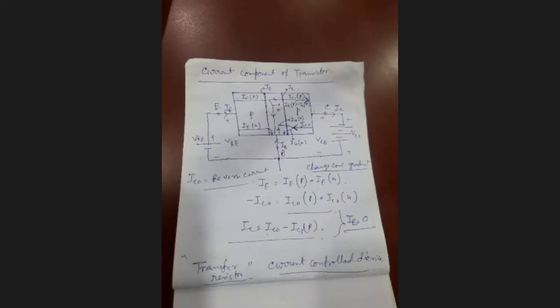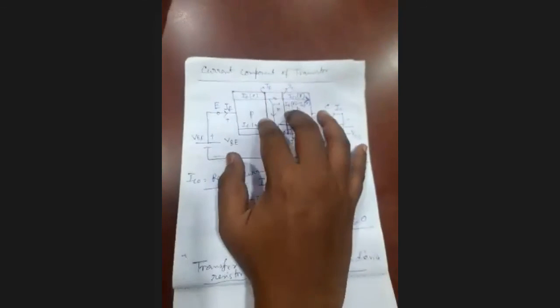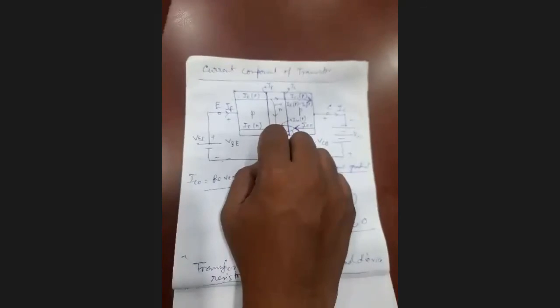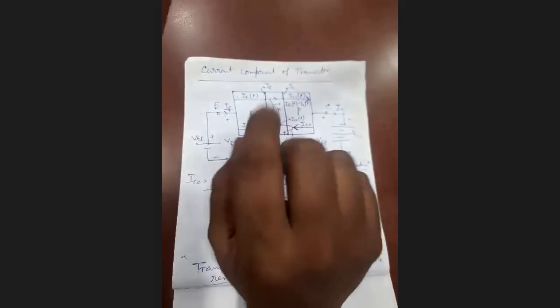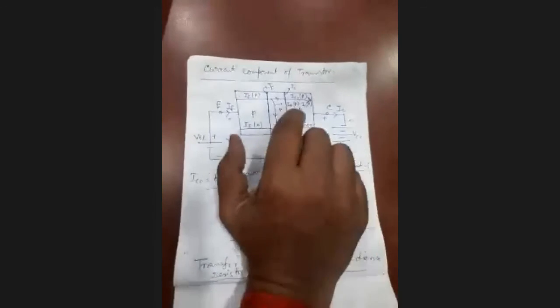So that is why the base region is very narrow with respect to the collector and emitter side, and the base terminal current is also very small. In normal operation, meaning in the active region, as I already introduced, it is in the microampere range. I repeat again, it is in the microampere range.